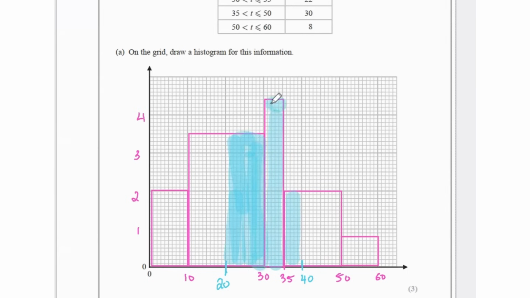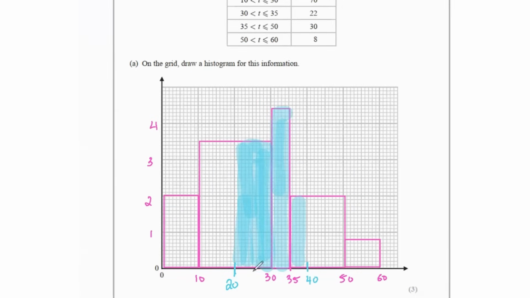So what we're going to do is find the number of people in these bars. So between 20 and 30, we can see that the frequency density was 3.5. So if we do 3.5 times 10, finding the area of the bar, for 20 to 30, that's going to be 35.